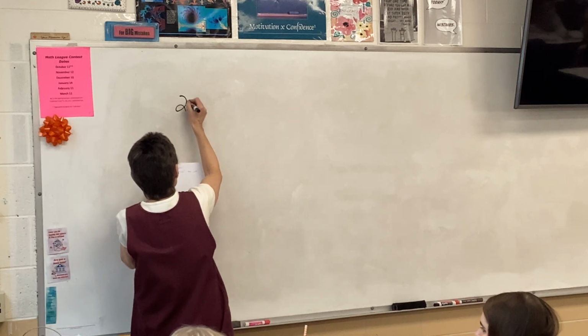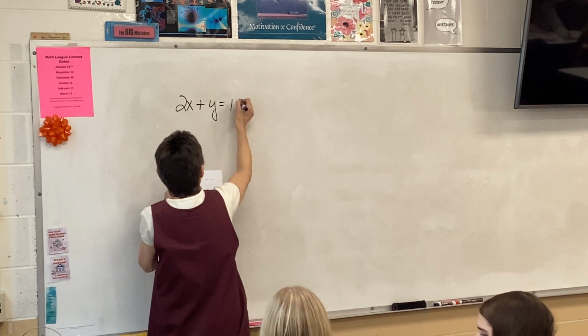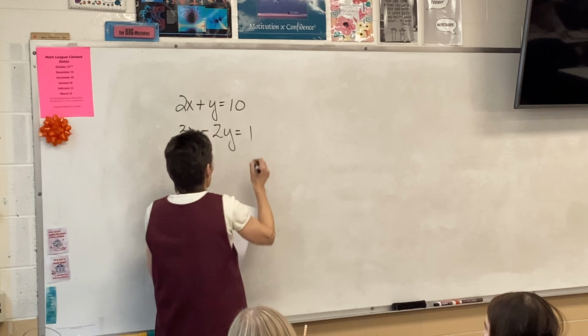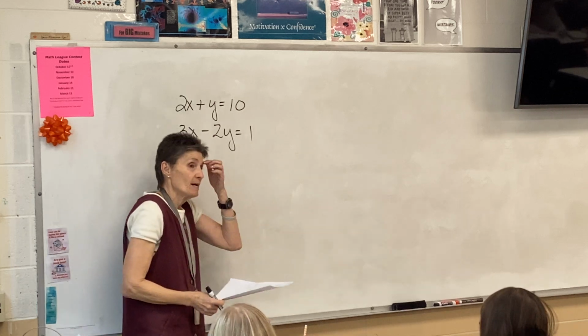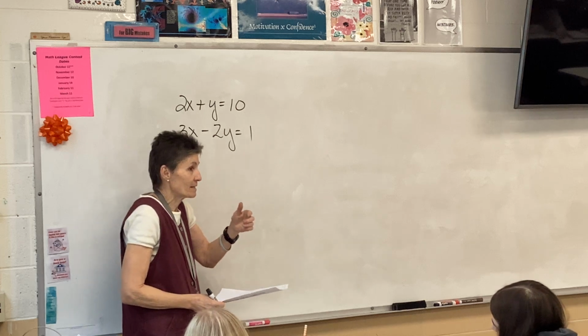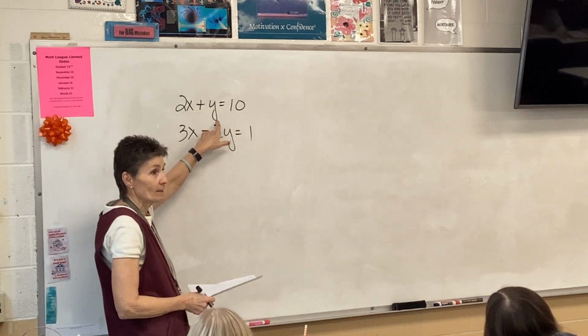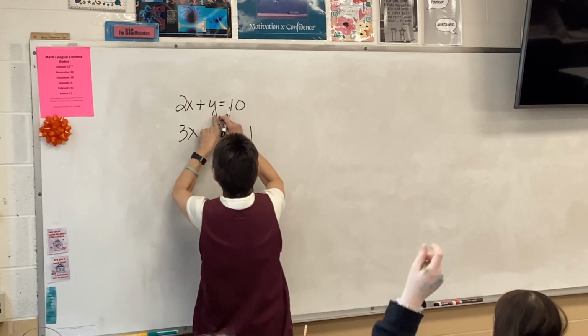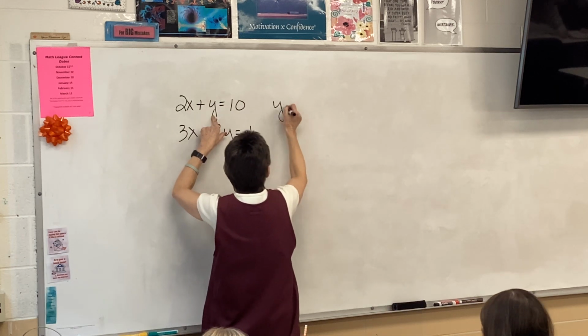So what does it mean when it says I have to use substitution? Get one variable by itself. And my suggestion always is, get the one by itself that's already by itself. So that would be this y right here. So I am going to solve for that y, so I'm going to subtract the 2x.